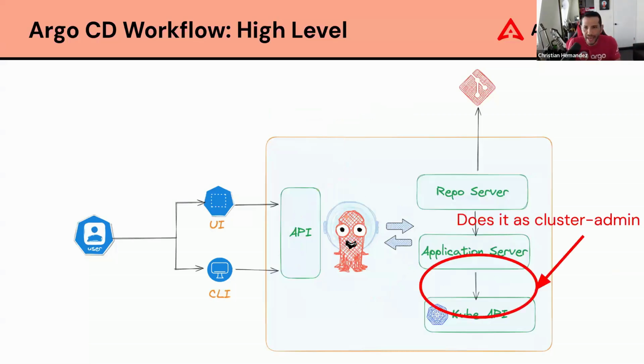The thing is that this here, the application server applying to the Kube API server, happens as cluster admin, right? So by default, it happens through cluster admin. That is philosophically and by default what happens, right? Cluster admin, Argo. So if you install Argo and you start messing with it and start deploying things, you're doing things as cluster admin, right?